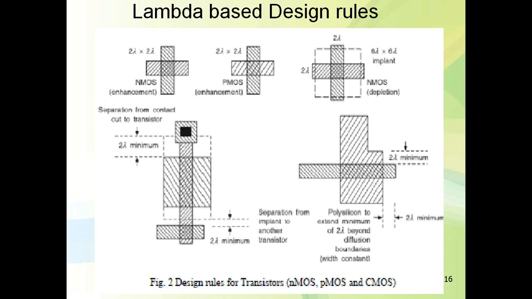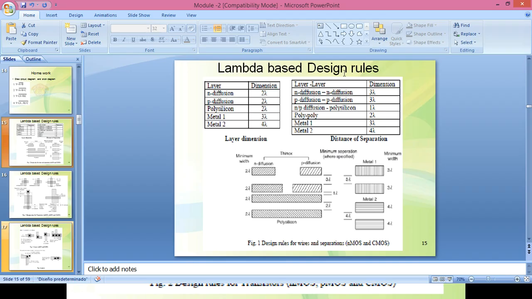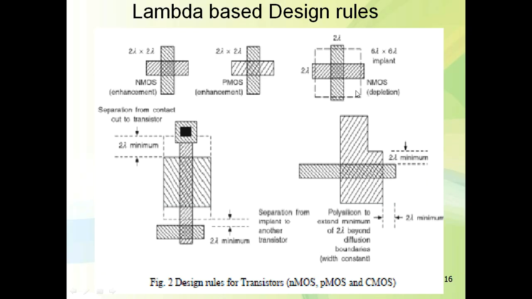Now here, how to form a depletion mode transistor. So this is the NMOS depletion mode transistor. In the NMOS depletion mode transistor, we have to show the implant. Now you can see the N diffusion layer, whose width is 2 lambda.